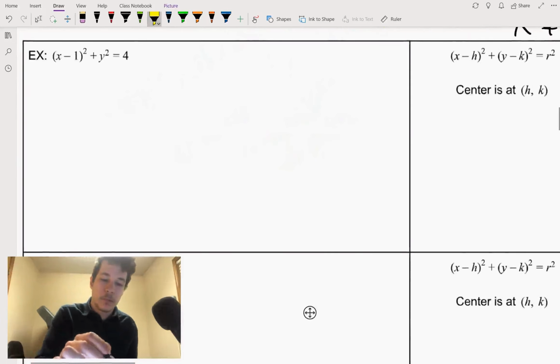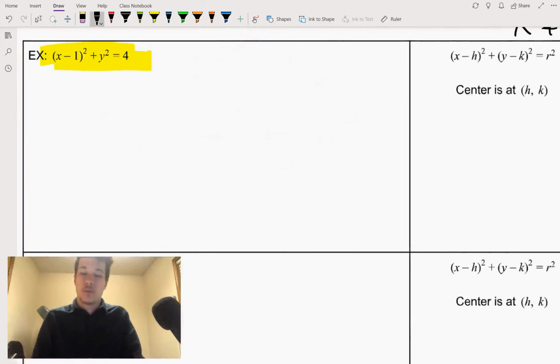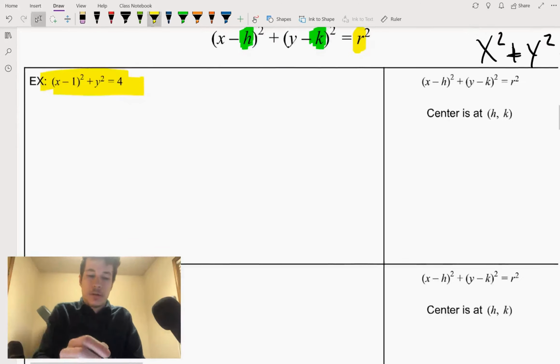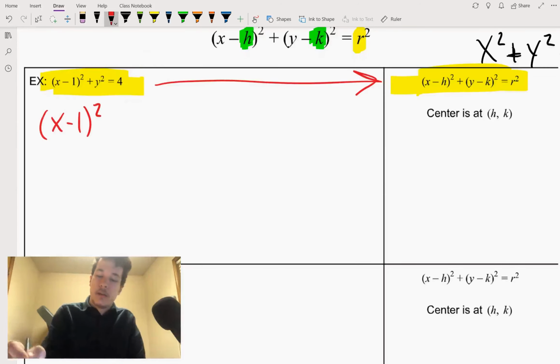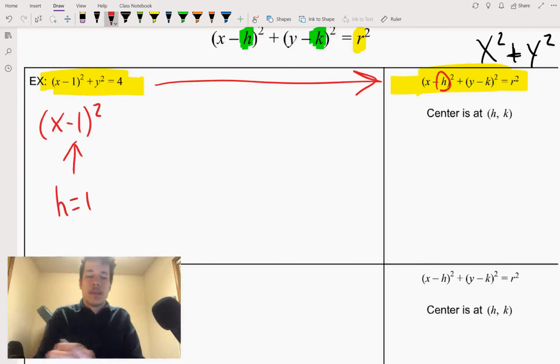Okay, first example, x minus 1 squared plus y squared equals 4 squared. Now, we want this example to match what we have over here. And in order to do that, we have to say, okay, I have x minus 1 squared. That tells me what h is. h has to be 1. Okay, plus, let's try writing it, y minus something squared.